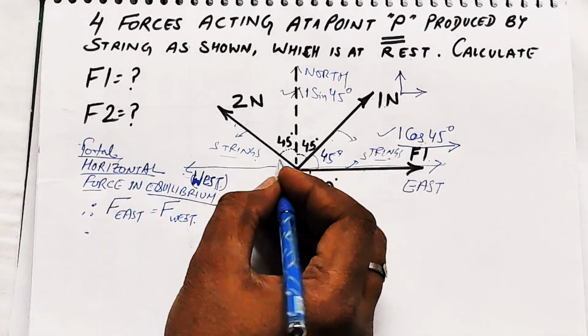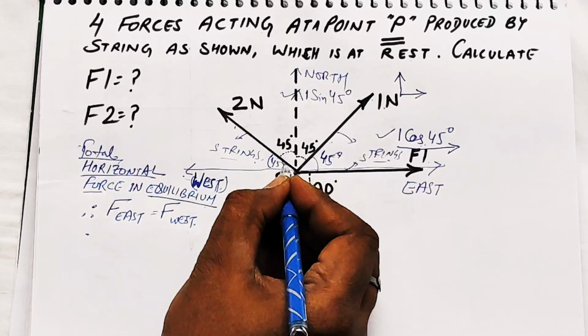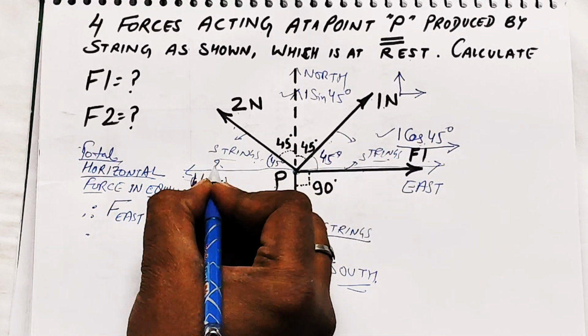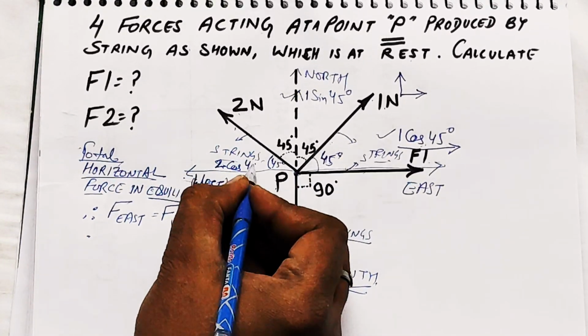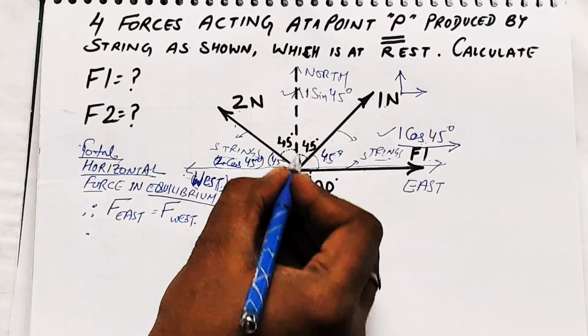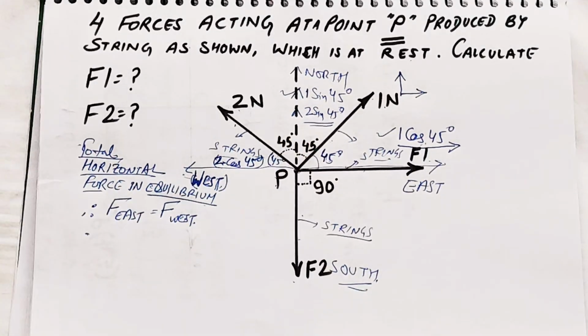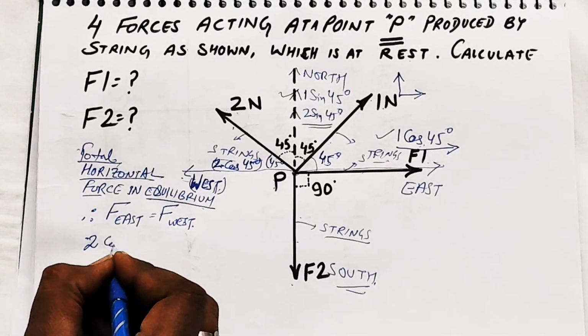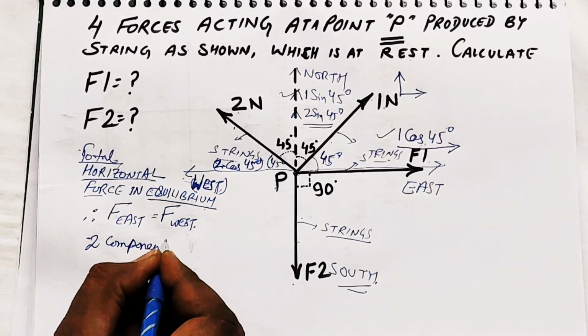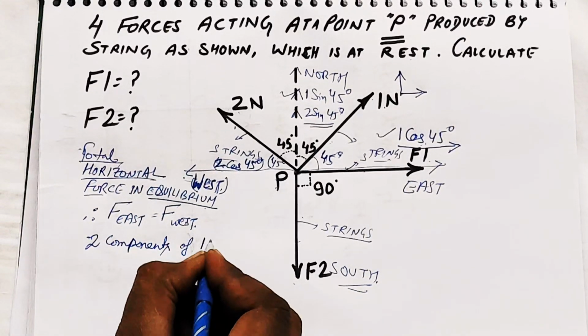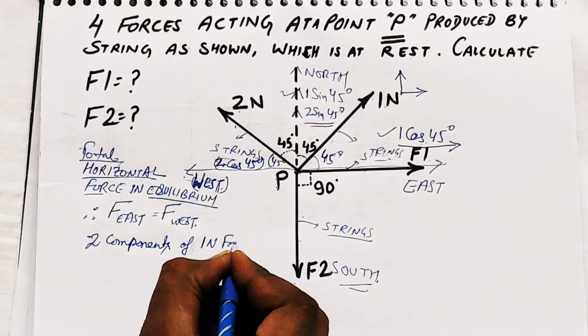So 1 cos 45 and 1 sin 45 are the two components along plus x and plus y, or east and north. Similarly, the 2 Newton force has two components: 2 cos 45 towards minus x, or west, and 2 sin 45 towards plus y, or north.